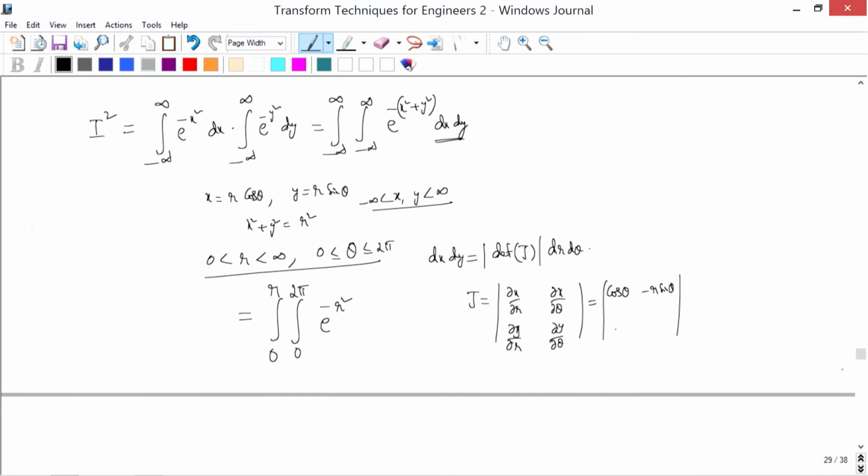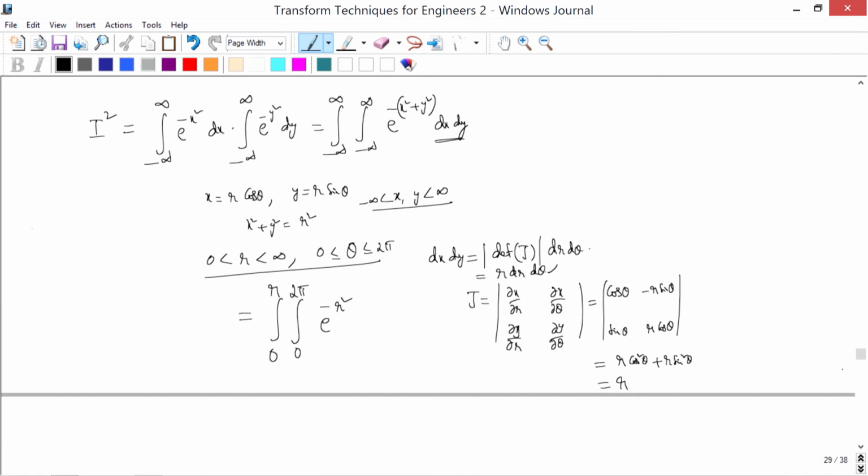Dou y by dou r is sin theta, and dou y by dou theta is r cos theta. The determinant is simply r cos square theta plus r sin square theta, so that is simply r. That is how you get dx dy as r dr d theta.